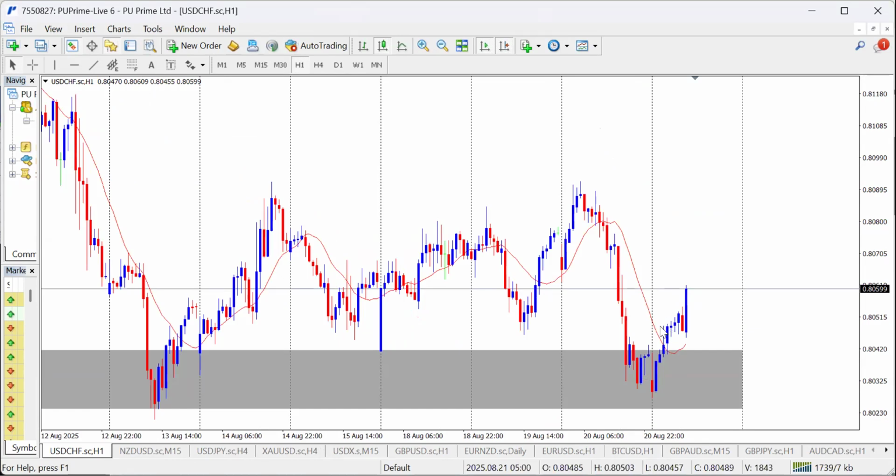They are just ranging between buyers and sellers for USDCHF, but the trend is still bullish at the moment. The momentum is kind of bullish at the very moment.